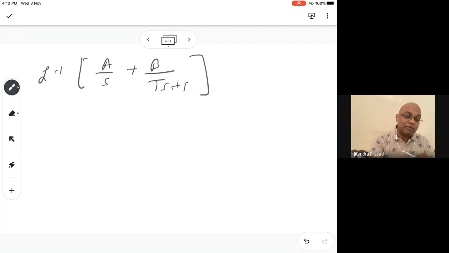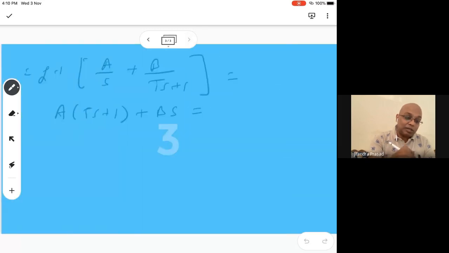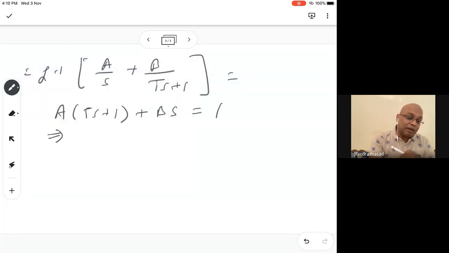Simplifying, A(Ts plus 1) plus Bs must be equal to 1. That is, A times T plus B, times s, plus A equals 1.